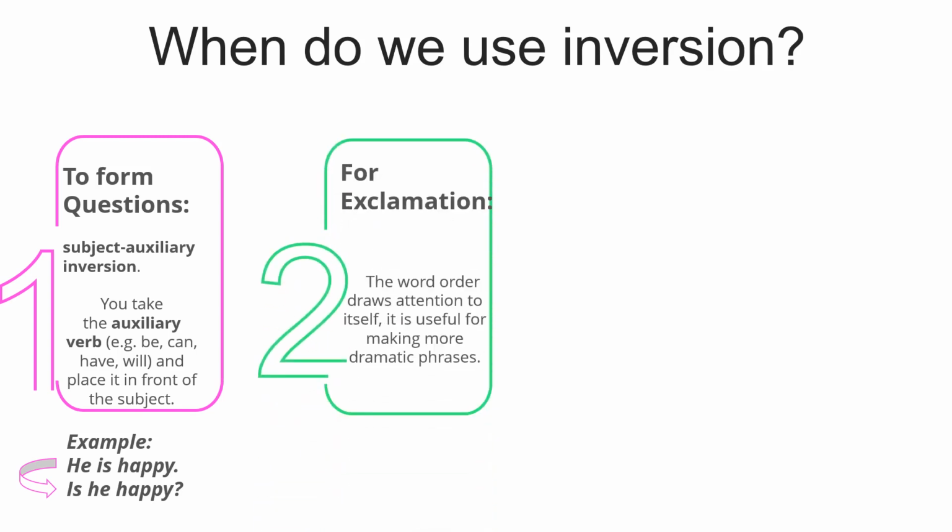Another use for inversion is for exclamation. By exclamation we mean when we are shocked or when there is the element of surprise, we use inversion to draw attention to the word itself. So by using words, we wanted to draw attention to how shocked we are. It is useful for making more dramatic phrases.